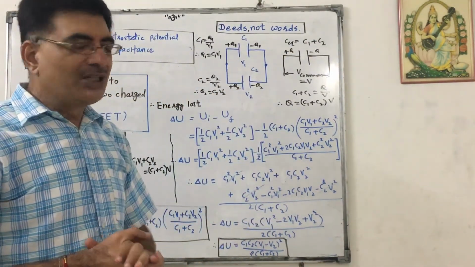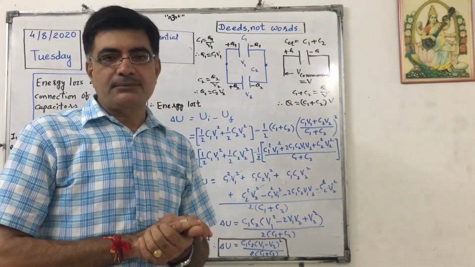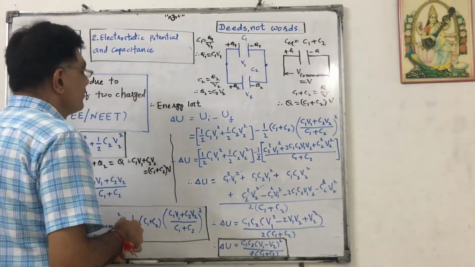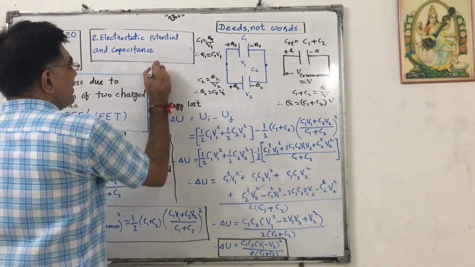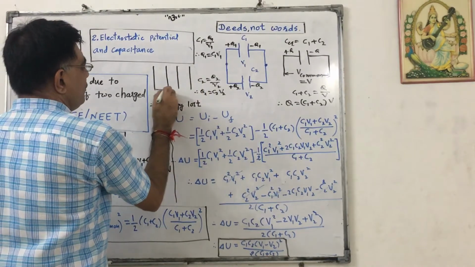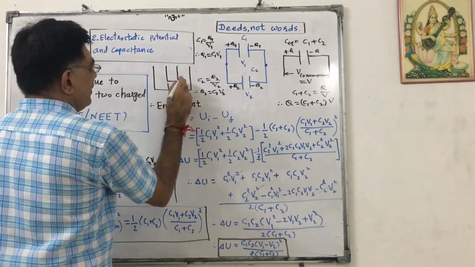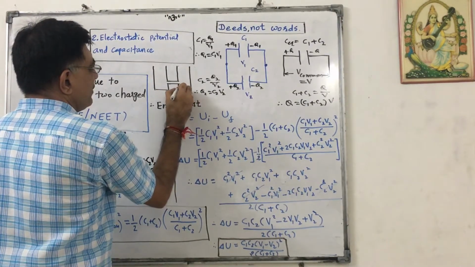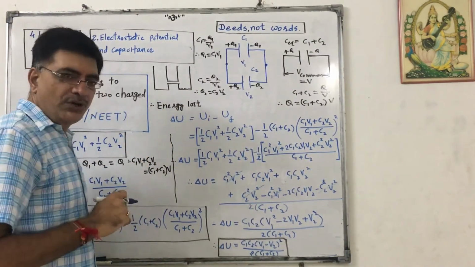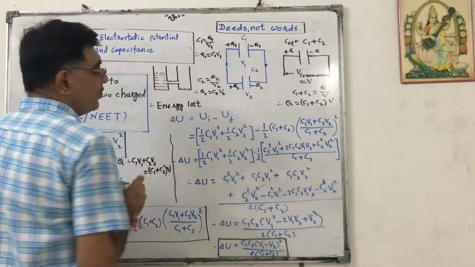What will happen now? From higher potential to lower potential, charge will flow. Suppose we have two tanks and we connect them with a pipe. This tank has very low water level, and in this tank it is up to here.